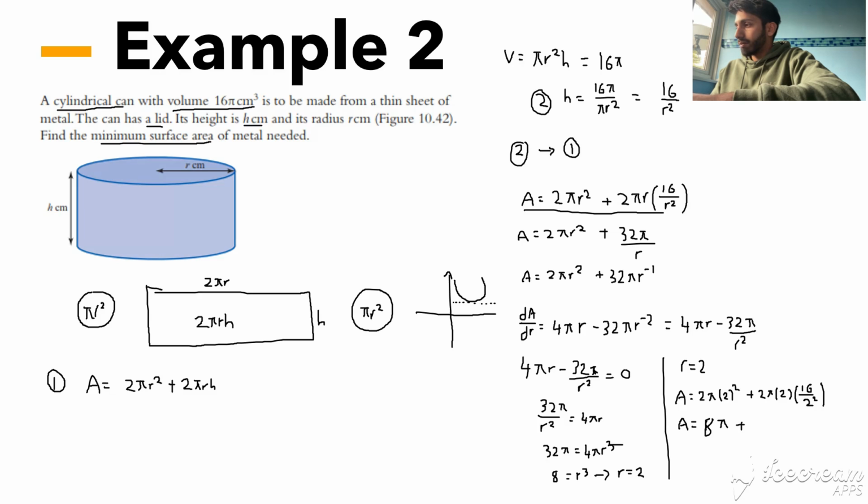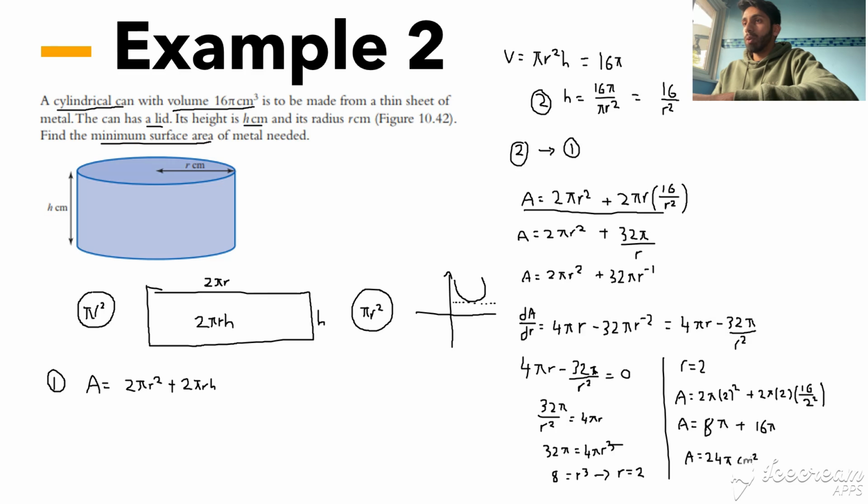Add 2 pi times 2 times 16, divided by 2 squared, which is 4. 16 divided by 4 is 4, 4 times 2 is 8, 8 times 2 is 16, so that's 16 pi. Therefore, our minimum surface area is 24 pi. In this question, we're working with centimeters and it's area, so it's centimeters squared.